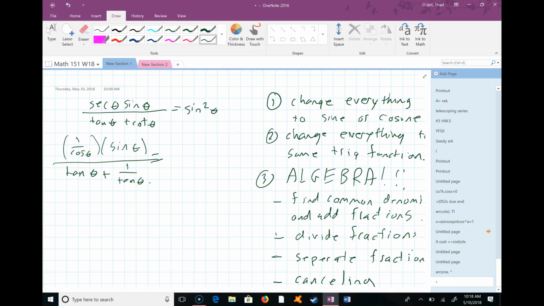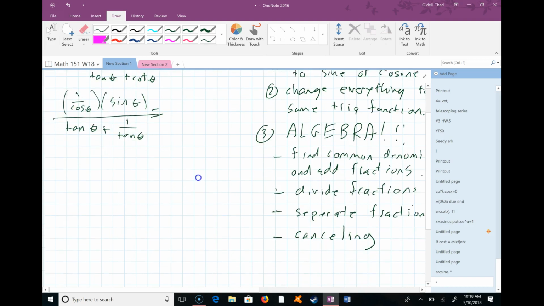Because you notice when I write that, the top is just sine over cosine, isn't it? Sine times 1 over cosine, that's sine over cosine. And sine over cosine is tangent. So I could rewrite this as tangent theta over tangent theta plus 1 over tangent theta.